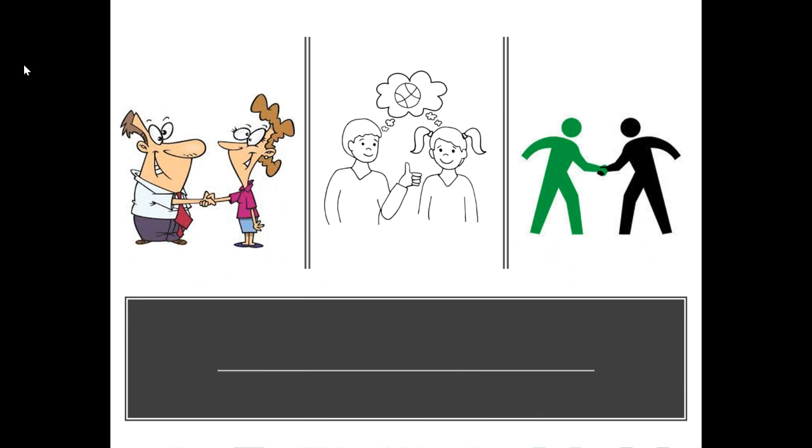Number two, what do you notice or see? I notice or I see. Well, in the first picture, I notice a man and a woman shaking hands like they agree on something.